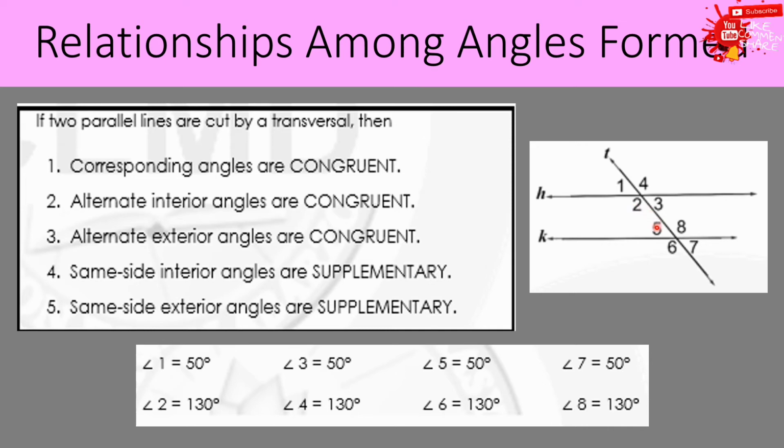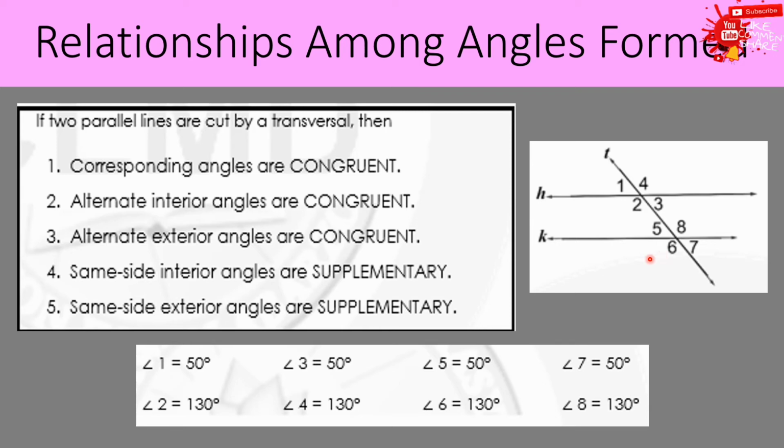If we get the sum of the measures of angle 2 and angle 5, they are supplementary. Okay? And then we have here same side exterior angles are supplementary. So we have here angle 1 and angle 6, angle 4 and angle 7. They are supplementary, meaning the sum of their measures is equal to 180 degrees.